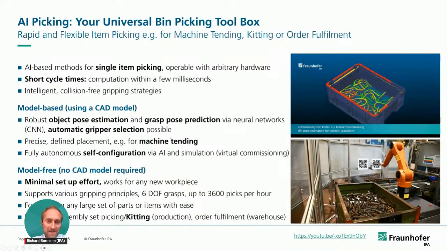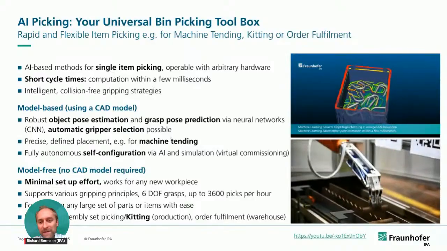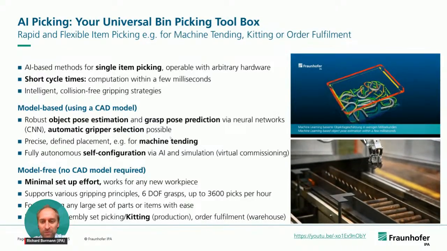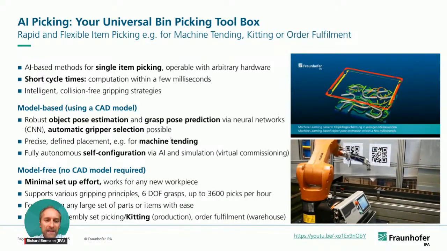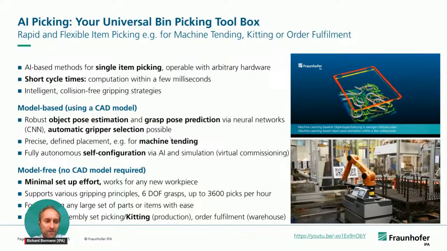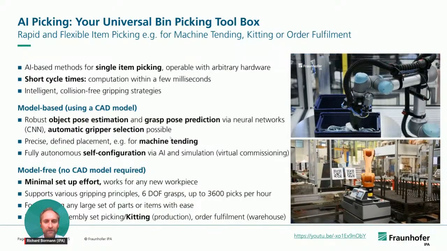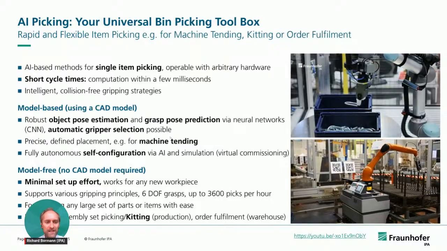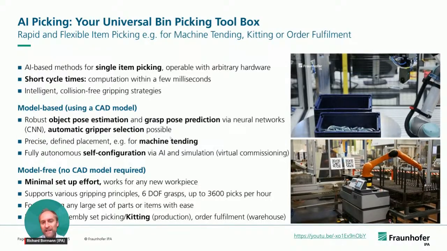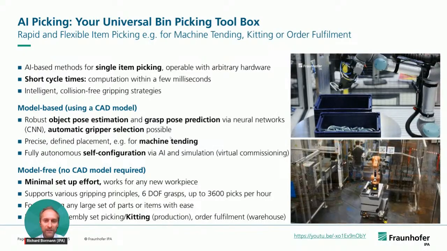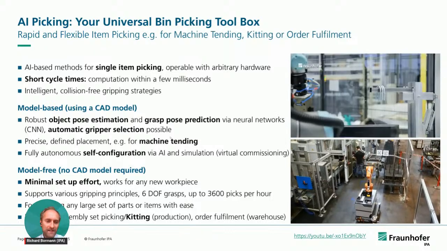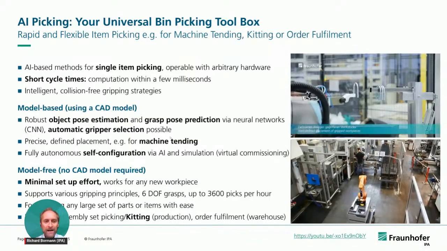So altogether, to give you some overview of how bin picking works, you might have seen this in the real world before. Bin picking can be divided into 2 major approaches, which is model-based bin picking. That means you have a CAD model of your parts that you want to separate. And this is usually the case when you are in machine tending and you need a very precise placement of your parts into the machine.